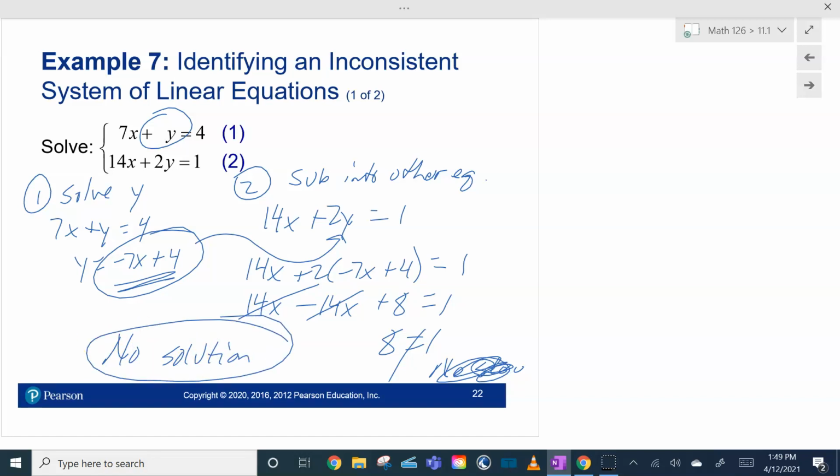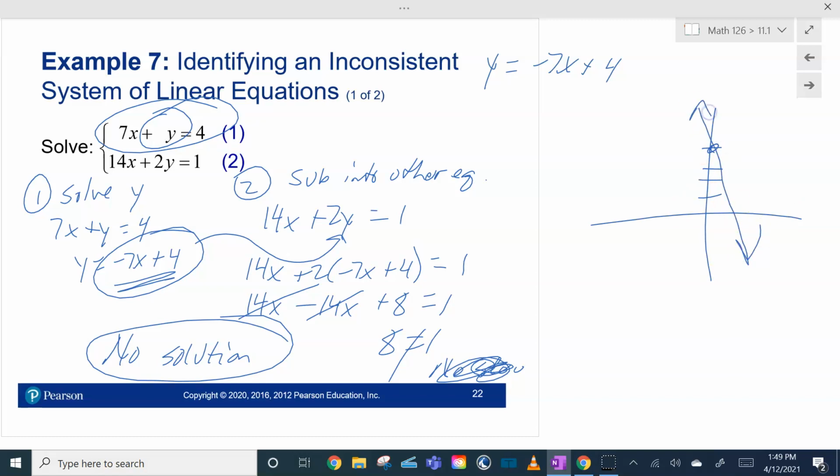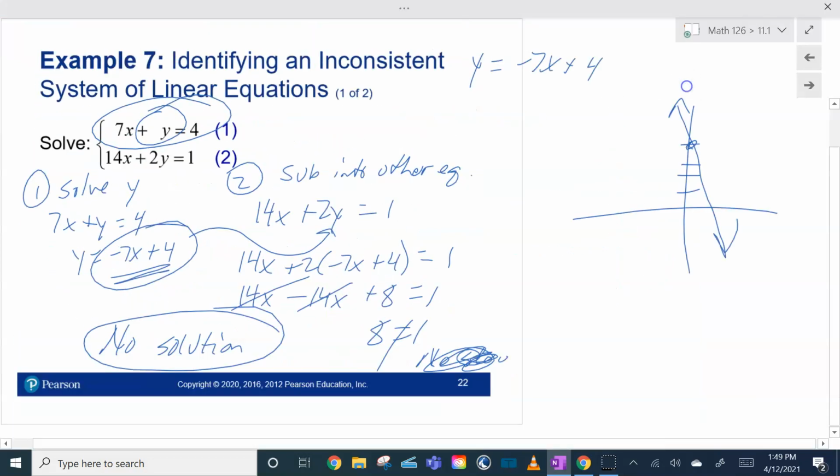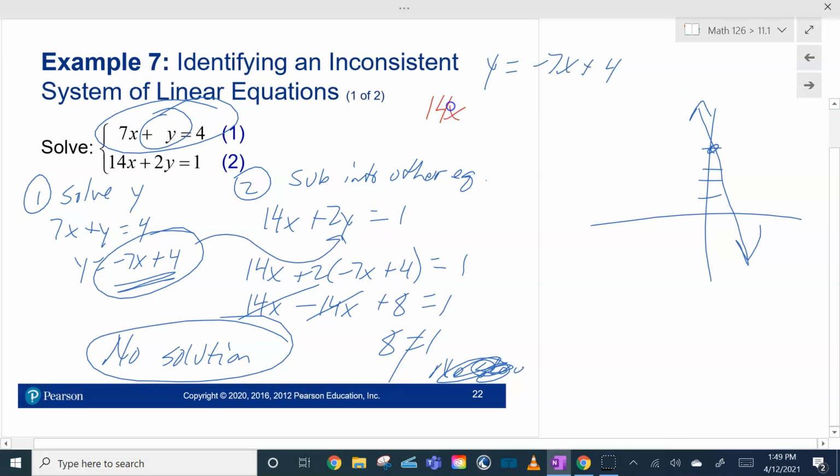In other words, this is inconsistent. And think about this for a minute. 7x plus y equals 4. That's y equals negative 7x plus 4, right? So it's like right here, down 7, right 1, looks something like this, right? Now the other equation, if I was to solve that for y, subtract 14x, negative 14x plus 1, divide by 2, look at this.